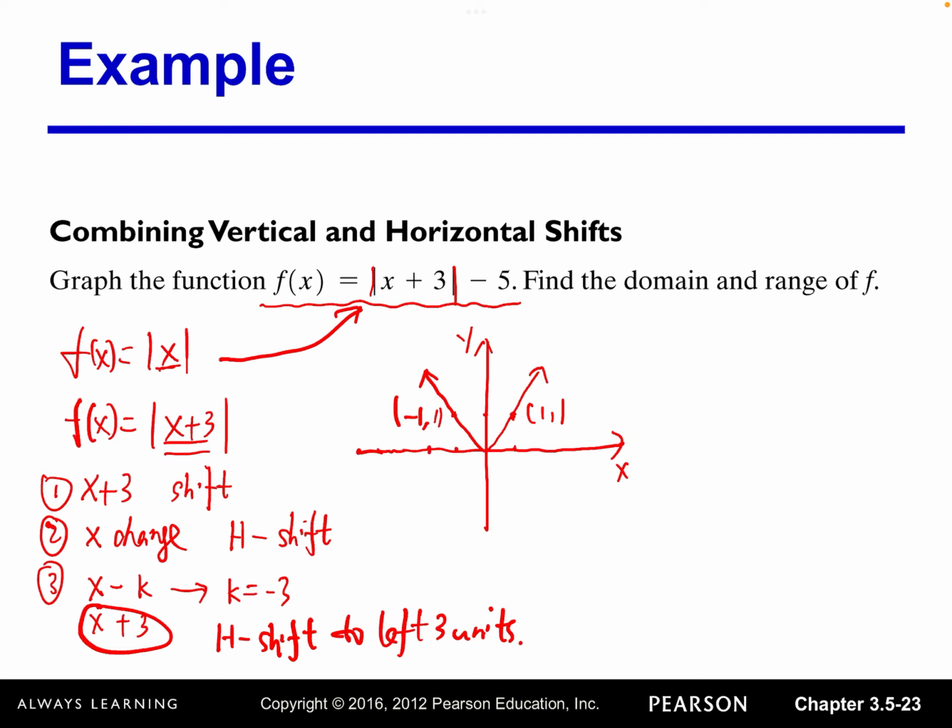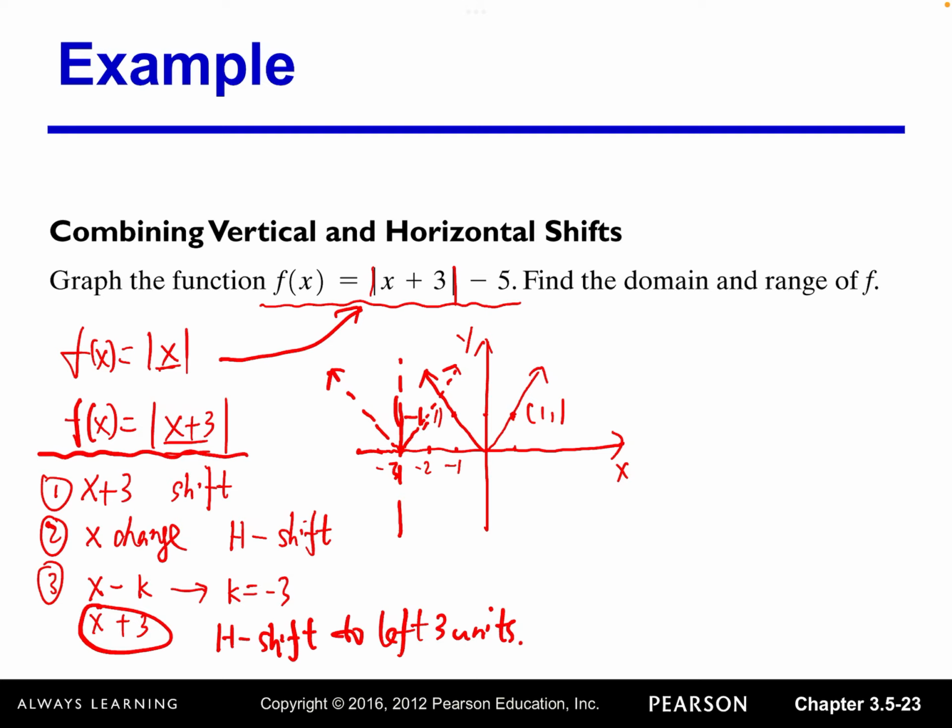So 1, 2, 3, and then the y-axis should be here, okay? So it should be like that. We horizontally shift to the left-hand side 3 units. All right, so now our function is the absolute value of x plus 3.